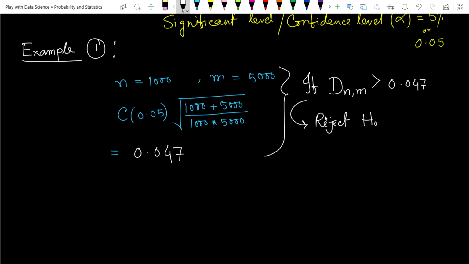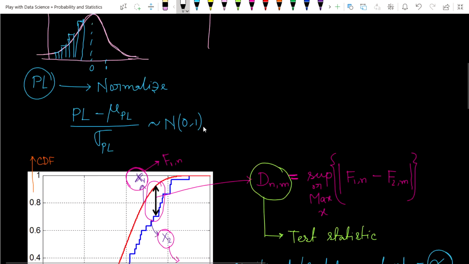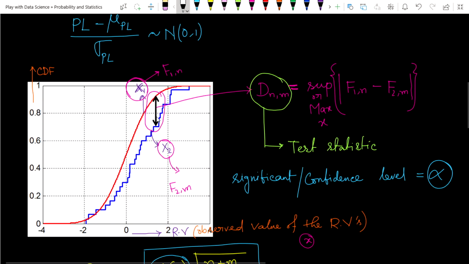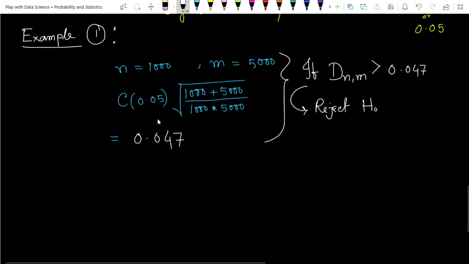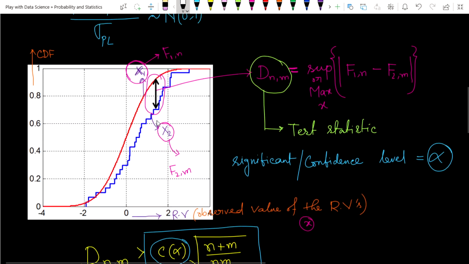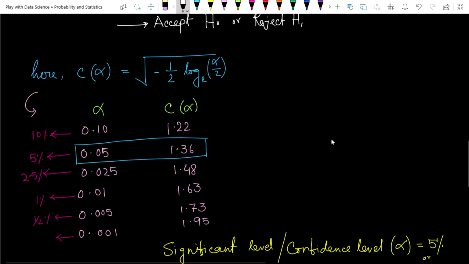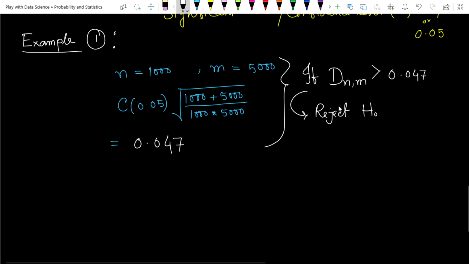The null hypothesis means there are no differences. Rejecting it means we accept the alternative hypothesis, that there are some differences between these two random variables.